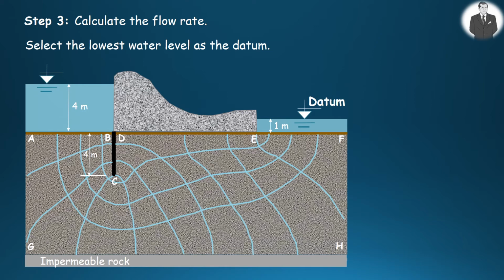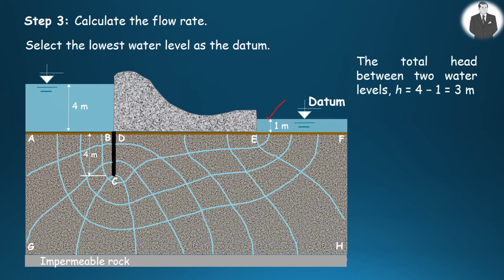Let us calculate the flow rate. To do this, we need to select the lowest water level as the datum. According to the figure, the lowest water level is on the downstream side as shown.